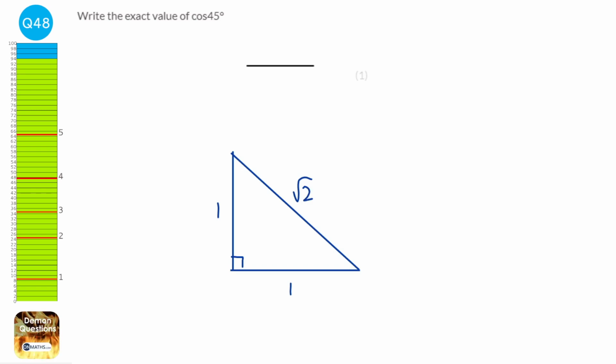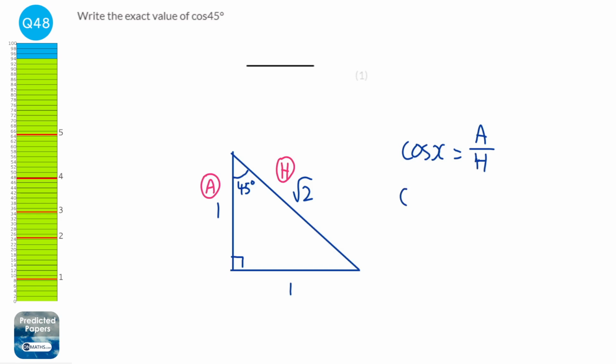Because it's an isosceles triangle, this angle here is going to be 45 degrees. And same with the bottom right one, but we're not interested in that. When we label it with our marked angle here, we've got the adjacent is here and the hypotenuse is here. Now we know from trigonometry that cos x equals a over h.